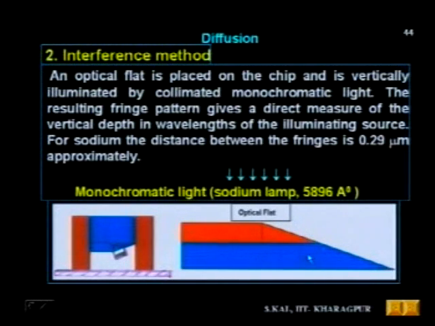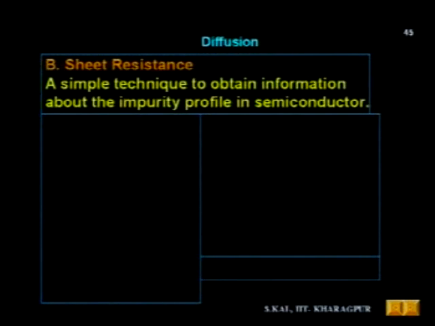Now if you want to go for staining, you put some staining solution. If you want to go for the interference method, you just put an optical flat on the slice here, and you will see the interference fringe pattern, and you can easily measure the thickness of the diffused layer, the junction layer. So now the sheet resistance.